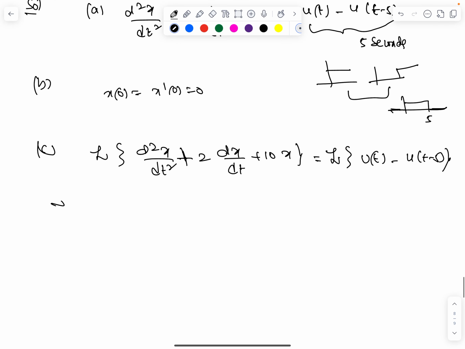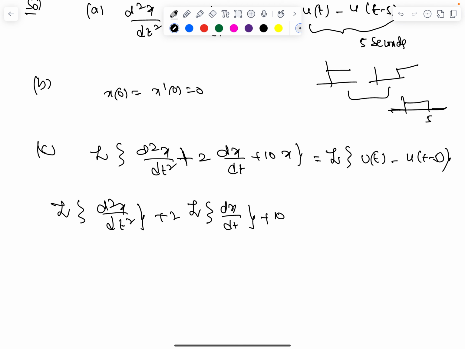This is Laplace transform of d square x by dt square plus 2 into Laplace transform of dx by dt plus 10 into Laplace transform of x is equal to Laplace transform of u of t minus Laplace transform of u of t minus 5.